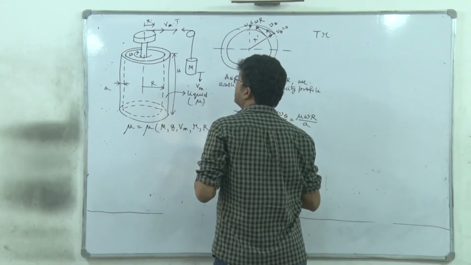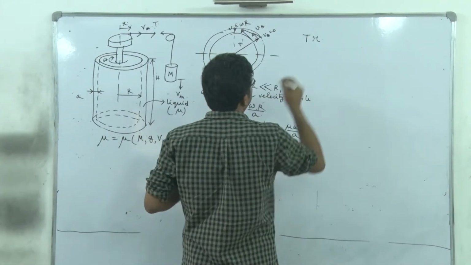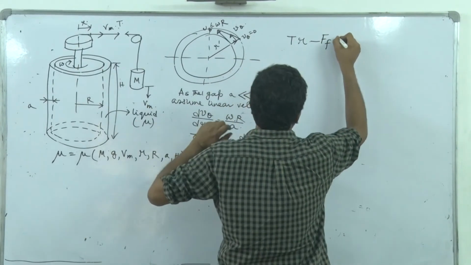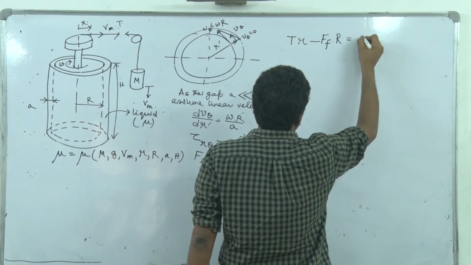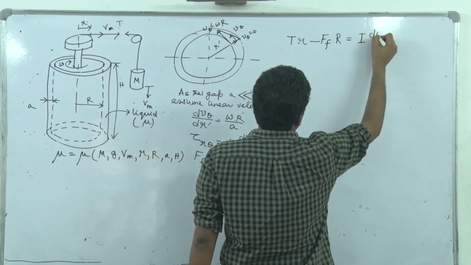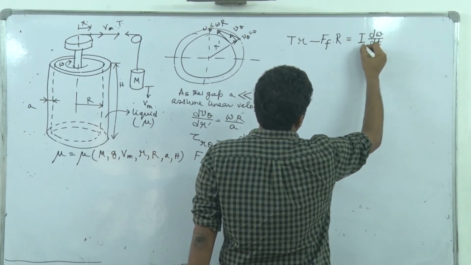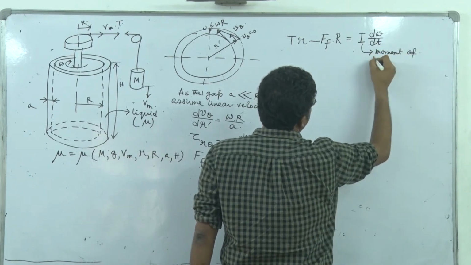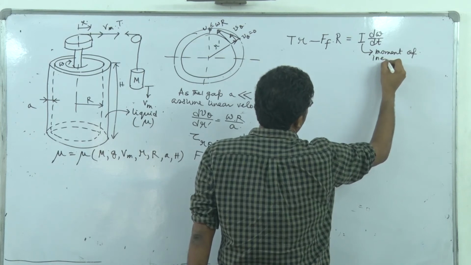Whereas the frictional resistance force is Ff, which is at a distance capital R, and that will be equal to I into d omega dt, where I is the moment of inertia. That is the torque balance.